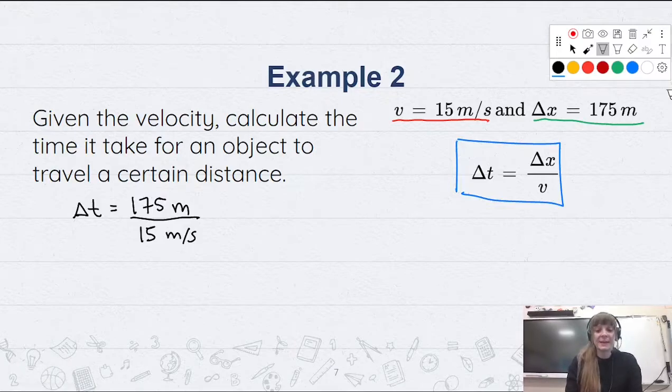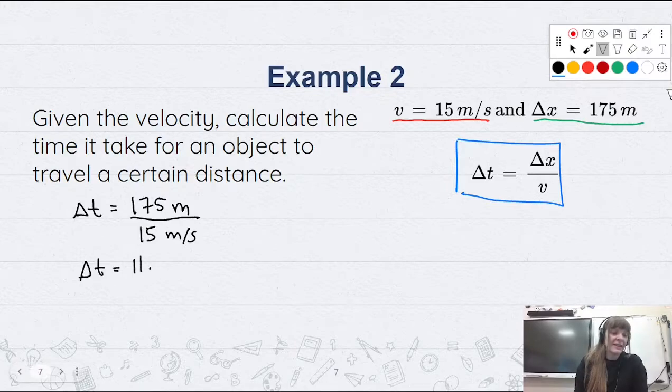So let me just pull up my calculator here. 175 divided by 15 will give me 11.6 repeating. So I'm going to just round that up to 11.7 just for now. But I need to take a look at my units. So I'm just going to keep my units as is right now. So I have meters over meters per second.